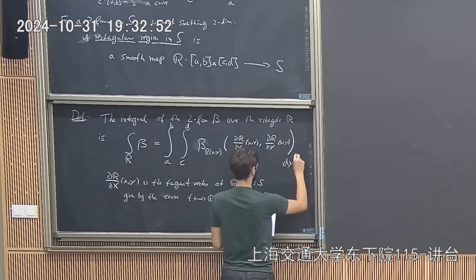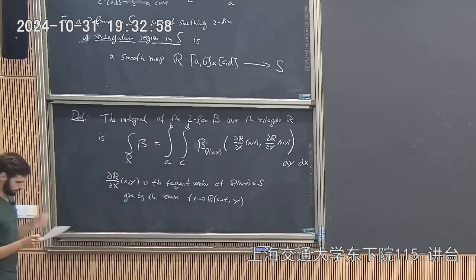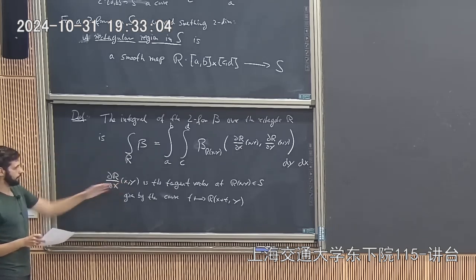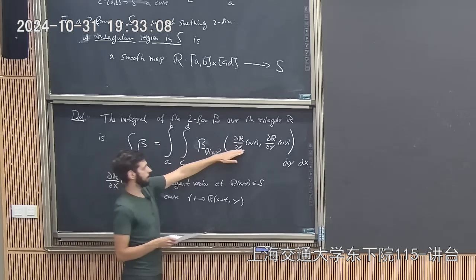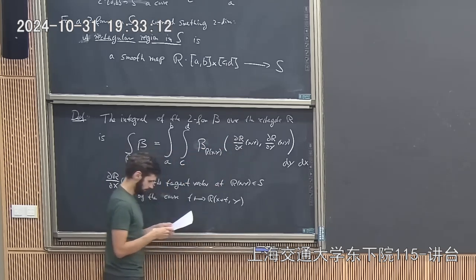Here we first take dy and then dx. So that's the definition: take the change of R, which gives you tangent vectors, plug them into beta, and then integrate the result.